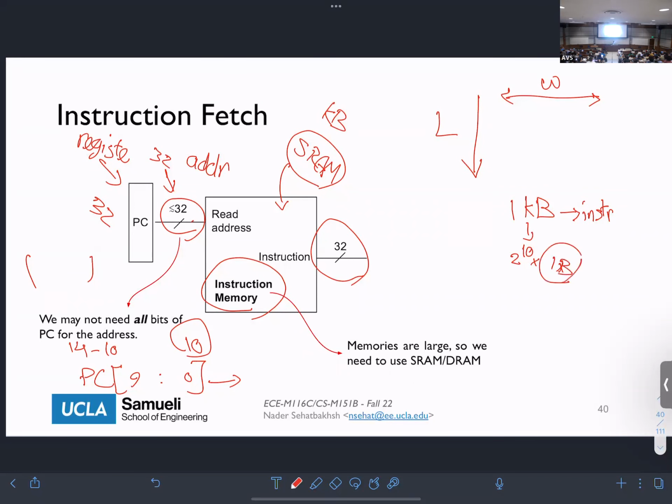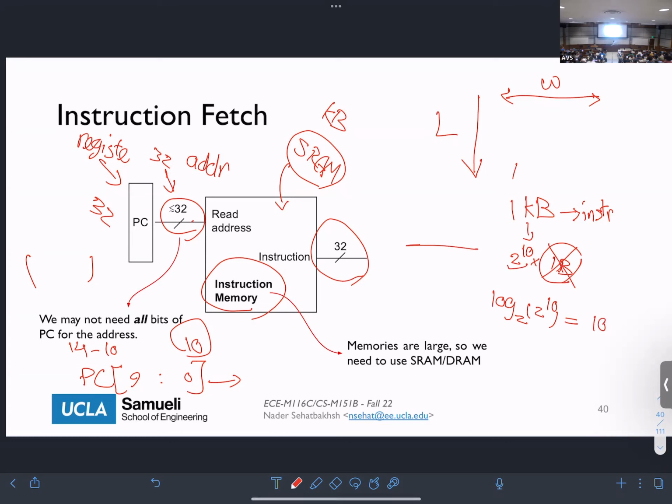I said that each line is 1 byte, so this part can be ignored. It means that we have 2 to the power of 10 of these lines, and log 2 of that is the amount of bits that we need to address this, which is 10. So we need only 10 bits to address this 1 kilobyte of memory.